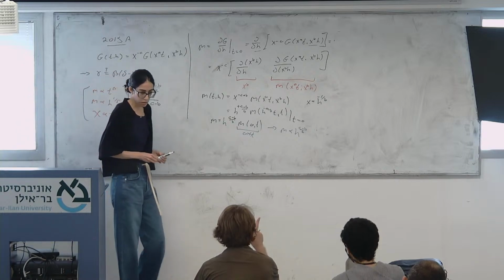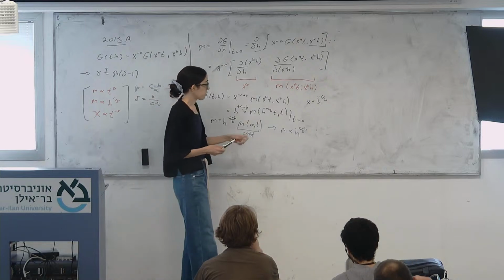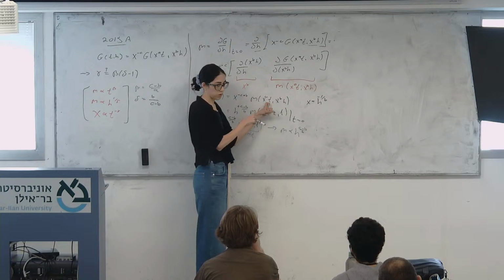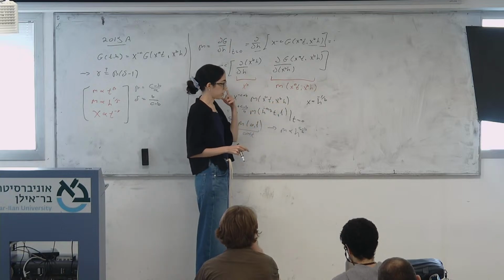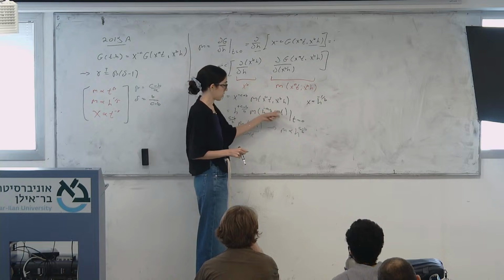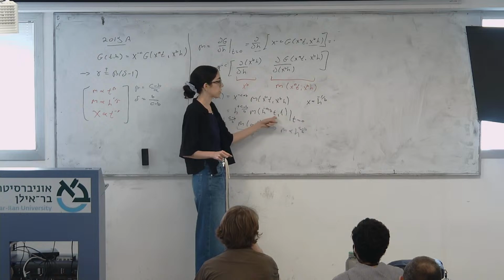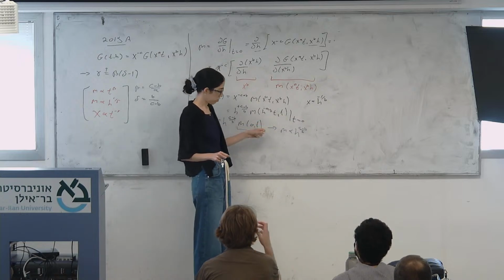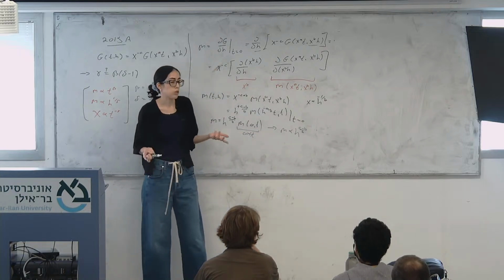Why was it m of 1 earlier and now 0? Earlier this was 1 because I chose x that depends on t, so it was 1 and 0 because h was 0. Now I chose something that reduces that to 1 and I took t equals 0, so this is 0. Yeah, it's a different constant, but I don't care which constant it is.